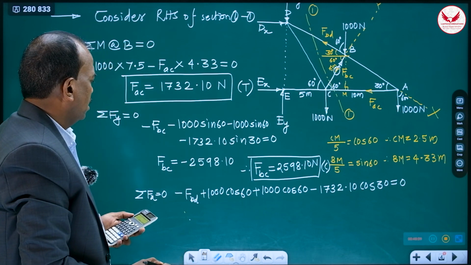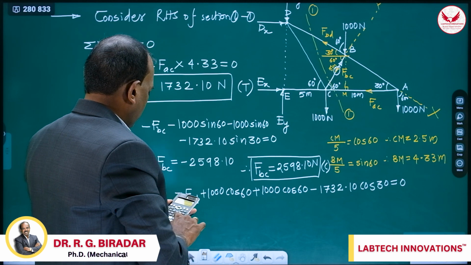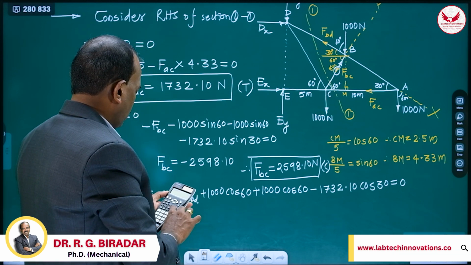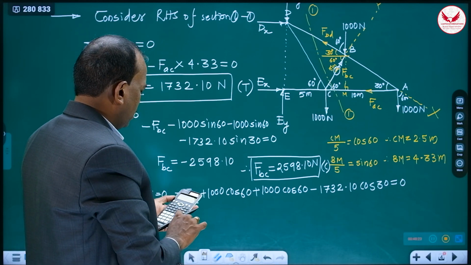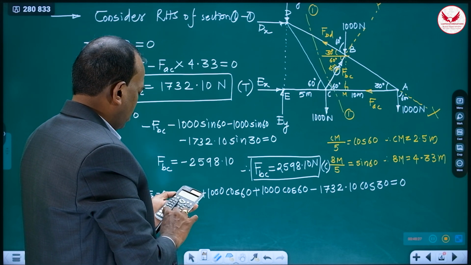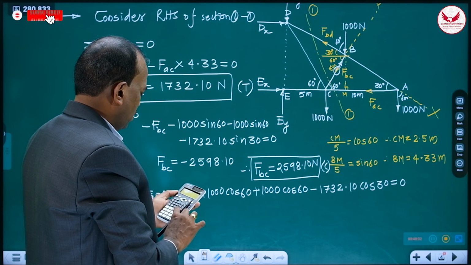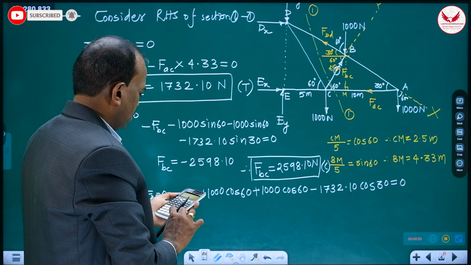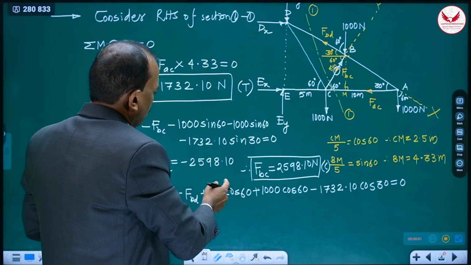Then from this, what we'll get? 2000 into cos 60 means it is 1000. So 1732.10 into cos 30, it is 1500.